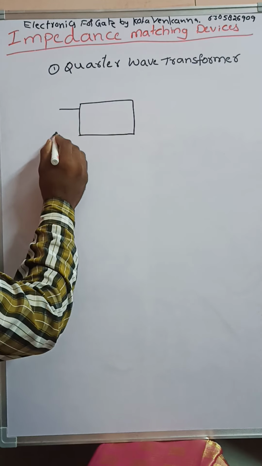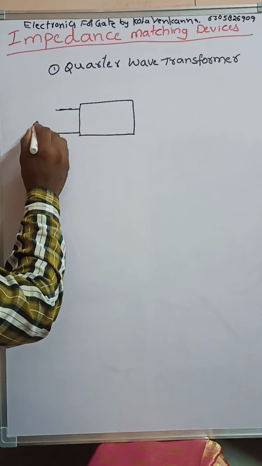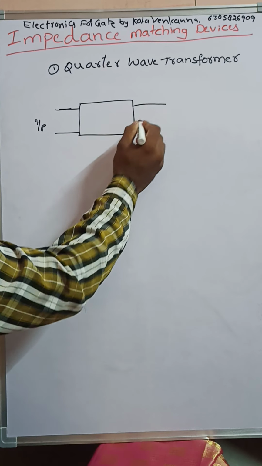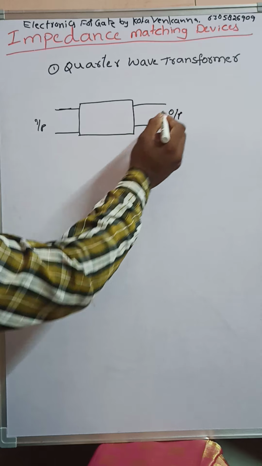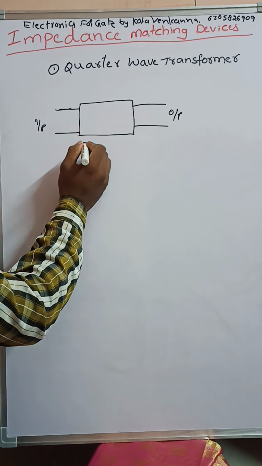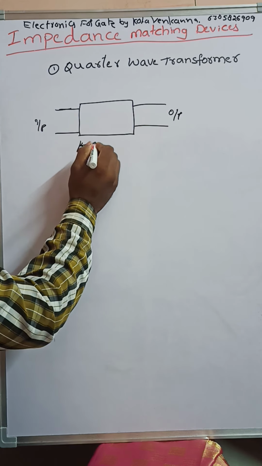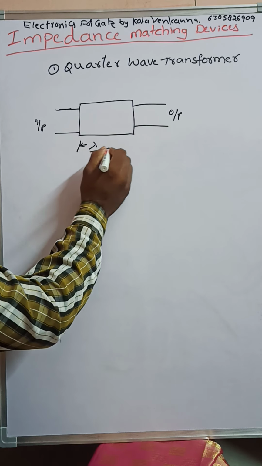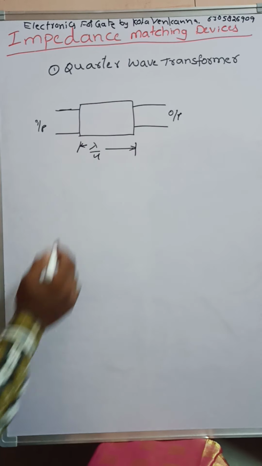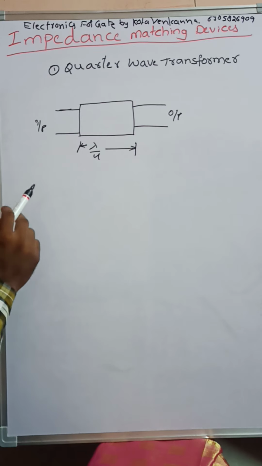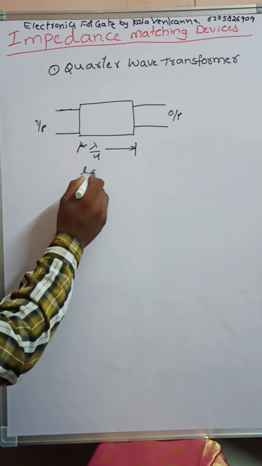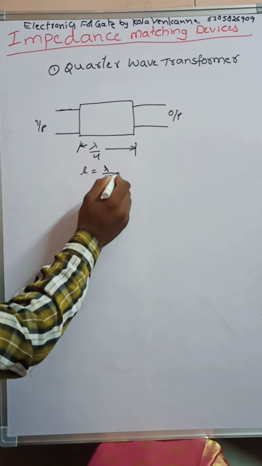Quarter wave transformer means, here in between, this is the input and this is the output. In between input and output, a piece of transmission line with the length L equal to lambda by 4 is placed.